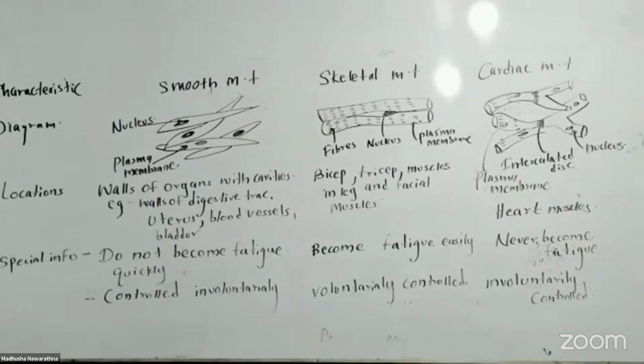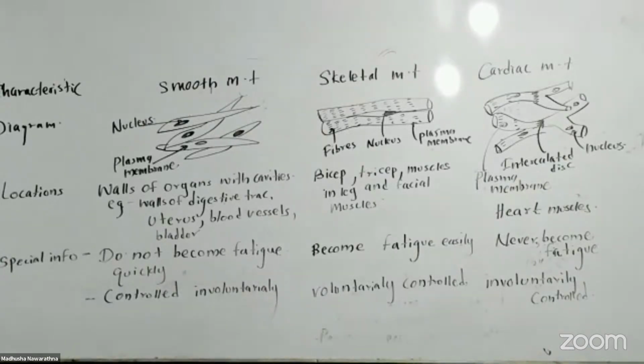Okay children, now look at these points. You can now see the characteristics of smooth muscles, skeletal muscles and cardiac muscles. According to the given table, you can observe three different types of muscles, I mean the diagrams.